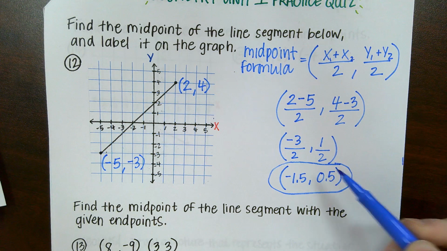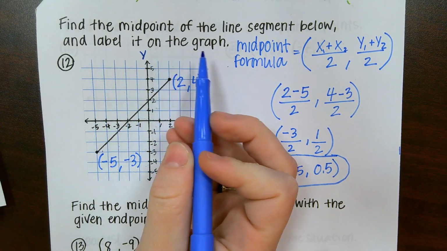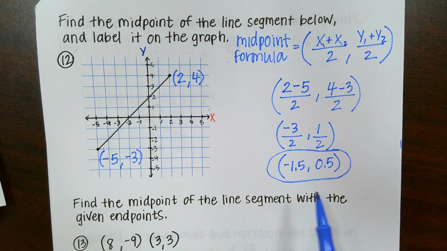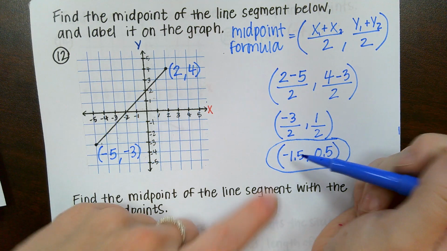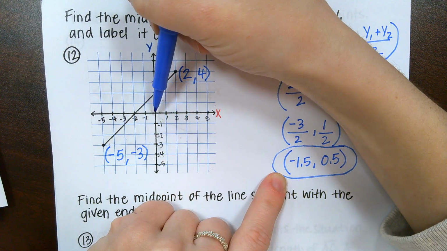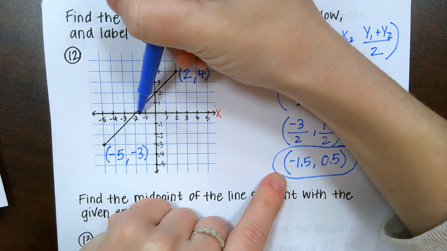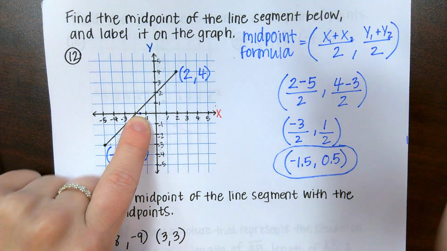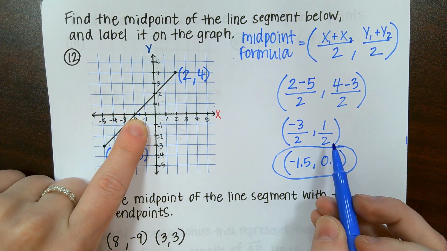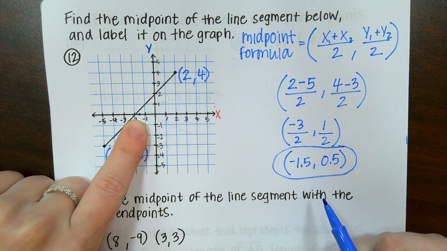Now we need to label it on the graph. So first, let's see where -1.5 is. Looks like I go over -1 and a half-ish. And then I'm just going to go up to 0.5 on the y-axis.